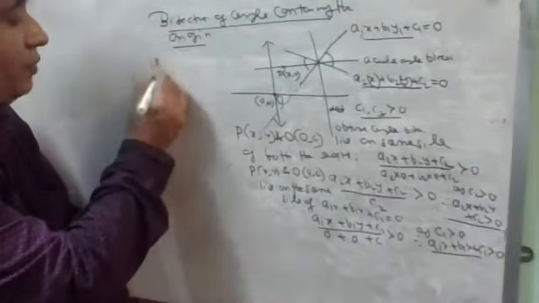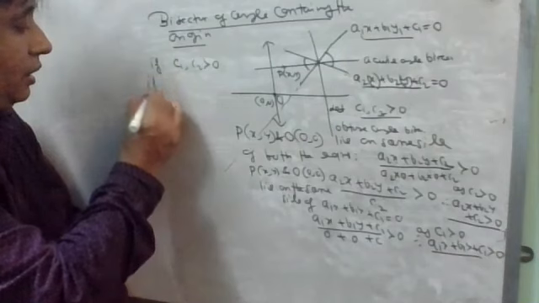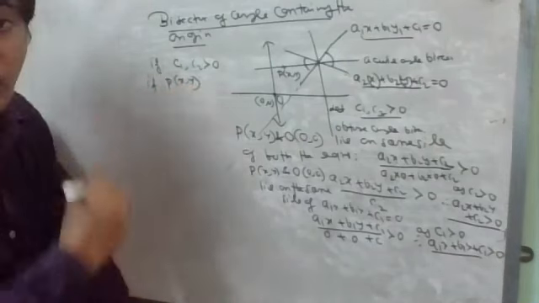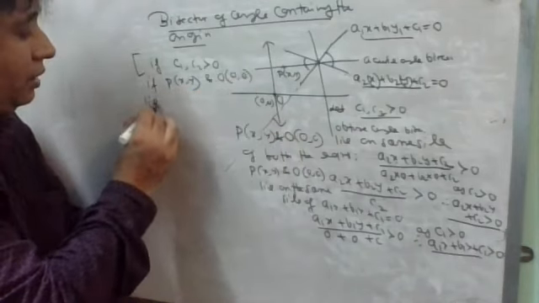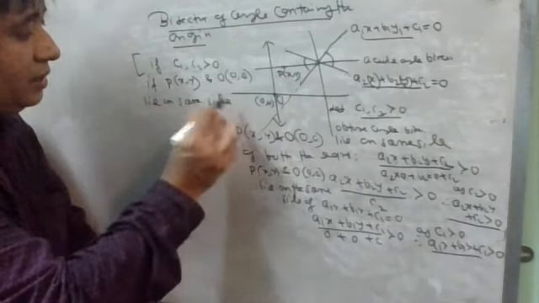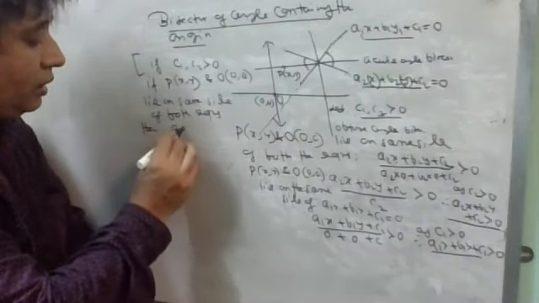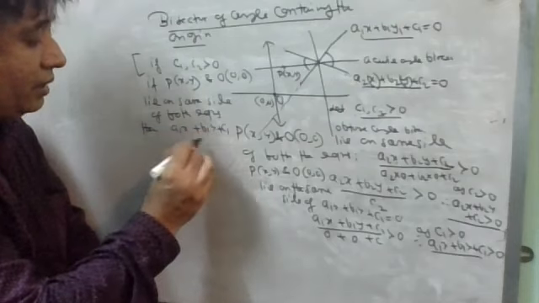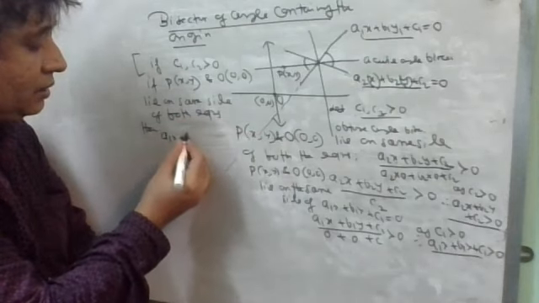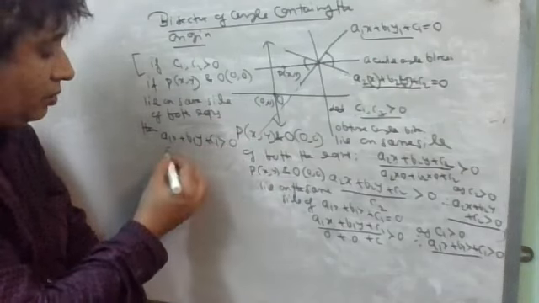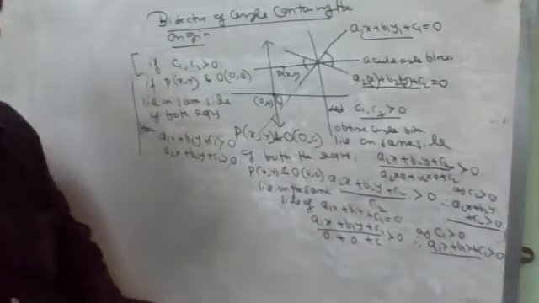So two conditions we have got if c1, c2 are both greater than 0 and if (x, y) and (0, 0) lie on the same side of both equations, then a1x + b1y + c1 is greater than 0 and a2x + b2y + c2 is greater than 0. These results we have got.